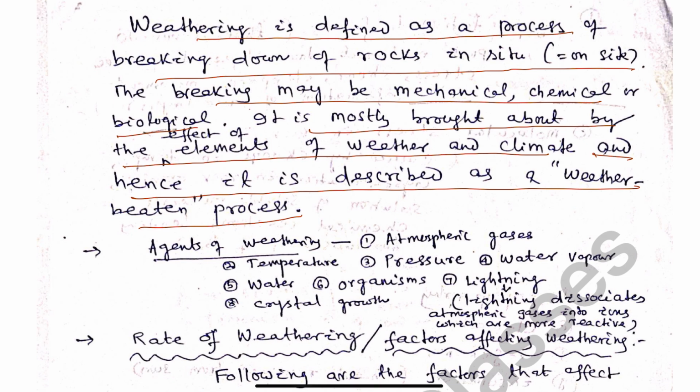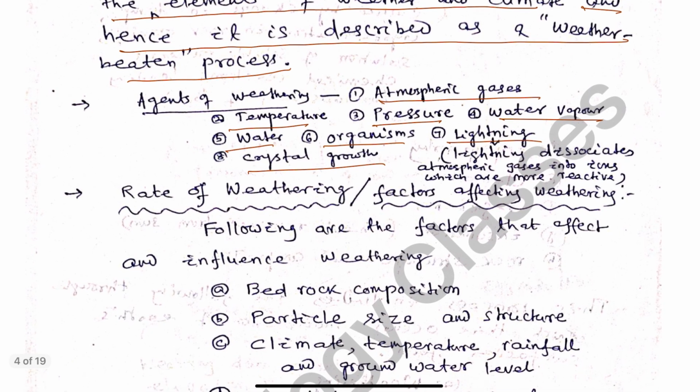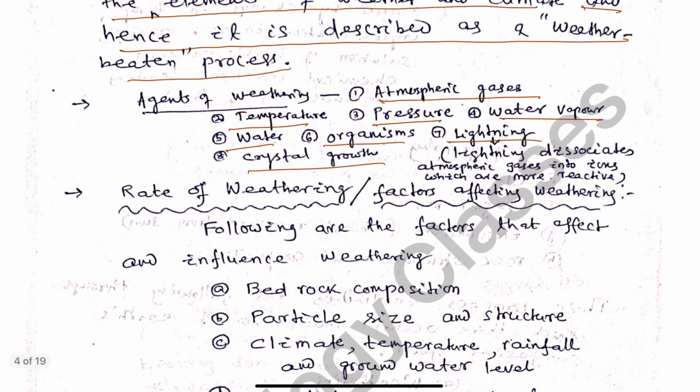What are the agents of weathering? These are the atmospheric gases, temperature, pressure, water vapor, water, organisms, lightning, and crystal growth. These are the agents that bring about the breaking down of rocks in situ.